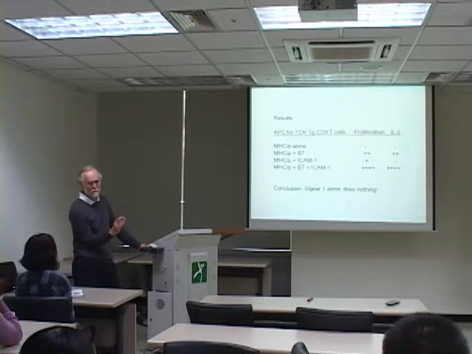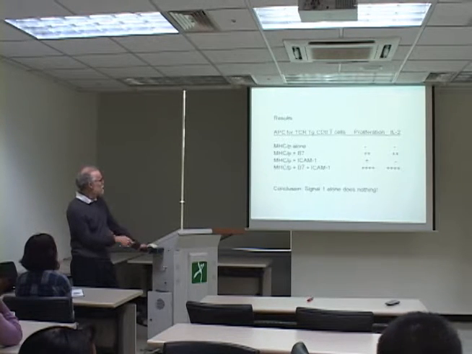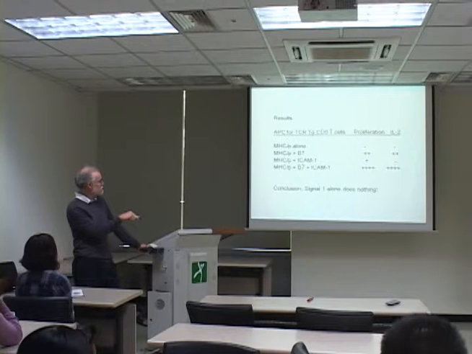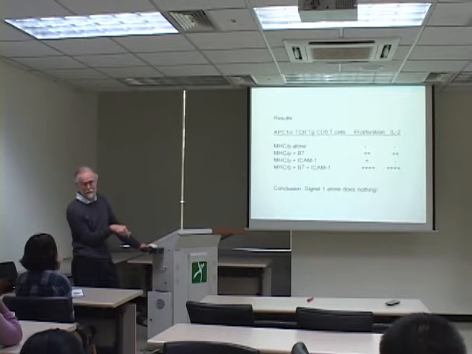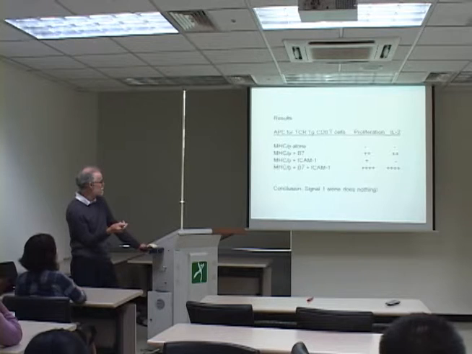You see nothing. The only thing you see is internalization of the T cell receptor, but not activation of the T cell itself. And so the conclusion from these experiments is that signal 1 alone, paradoxically, does nothing. But you can tell it does not lead to initial proliferation followed by anergy induction.